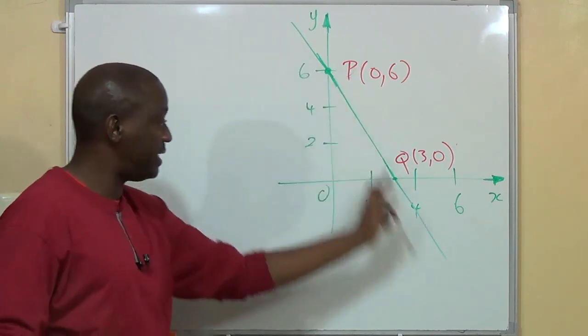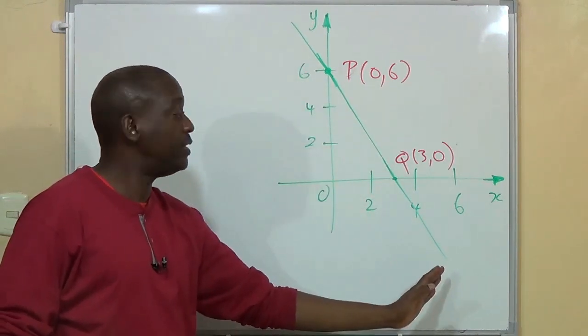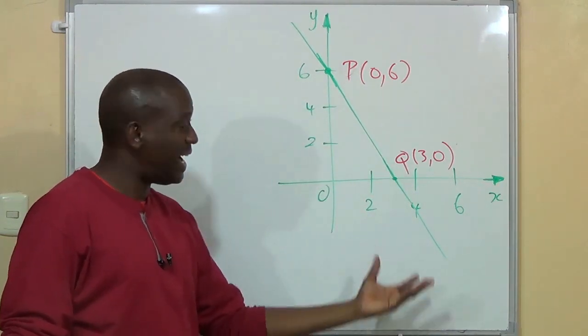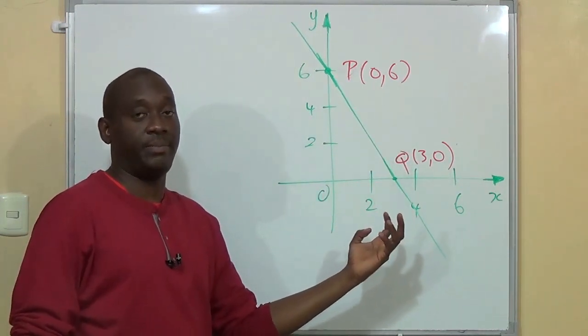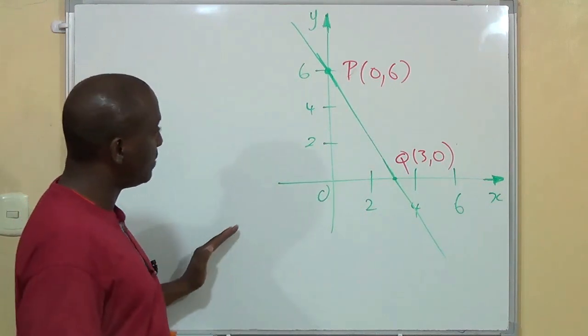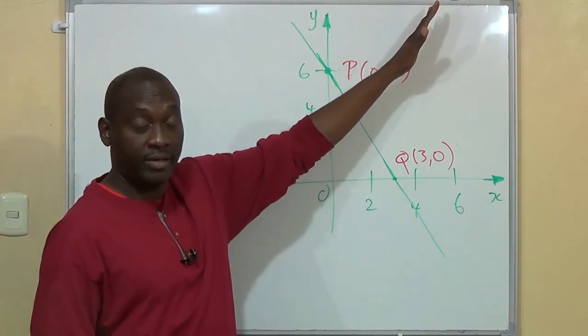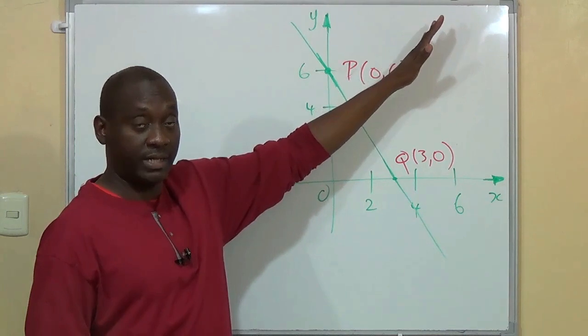If the line is oriented like this, you know it's negative, so the gradient is -2. These are numbers that you could calculate in your head without writing anything on the paper. Of course, if the line was slanted like this, then the gradient would have been +2 and not -2.